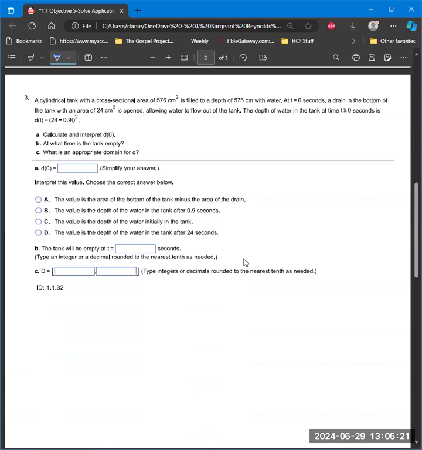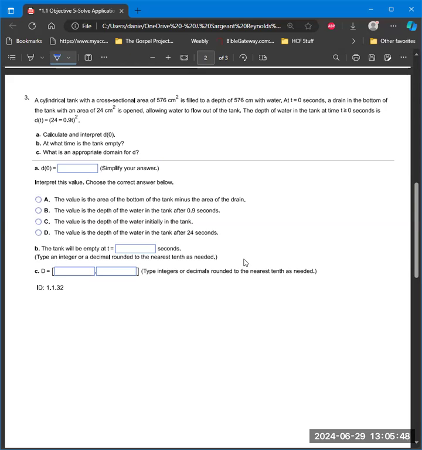A cylindrical tank with a cross-sectional area of 576 square centimeters is filled to a depth of 576 centimeters with water at t equals 0 seconds. A drain at the bottom of the tank with an area of 24 square centimeters is opened, allowing the water to flow out of the tank.